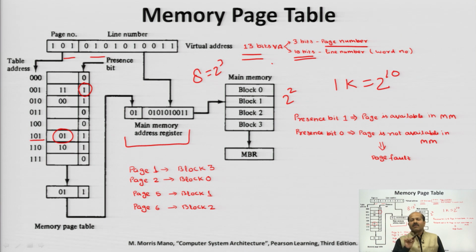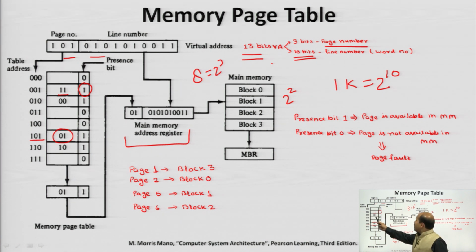It is given as 1 if the page is available in main memory. So as this table shows, page number 1 is available with block number 3, so the presence bit is 1.